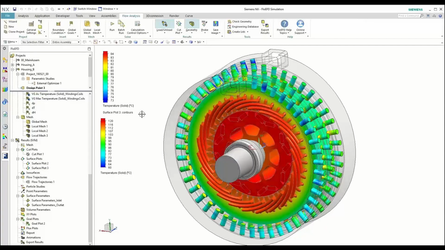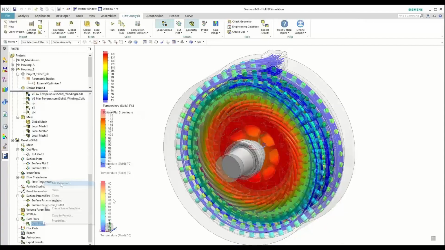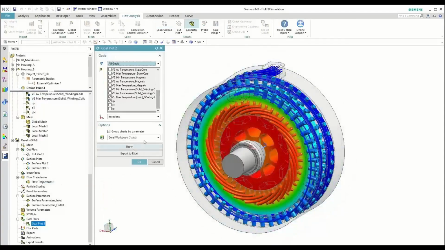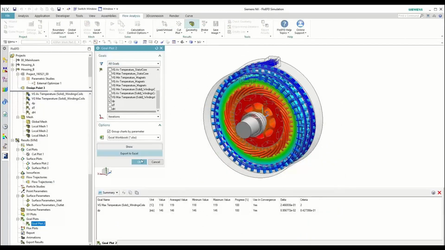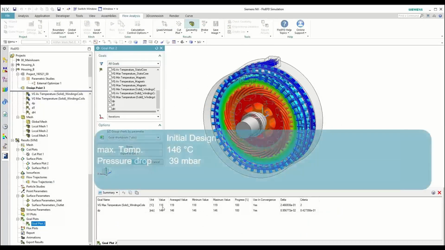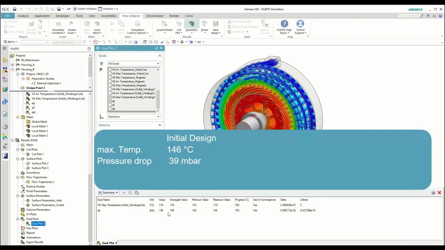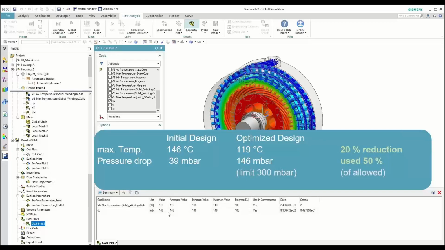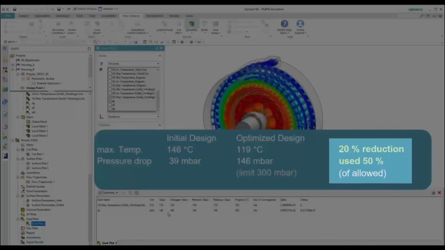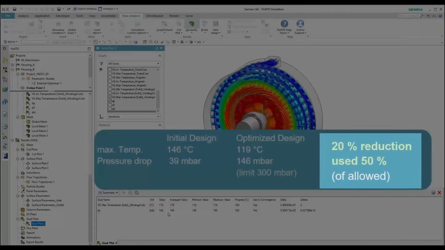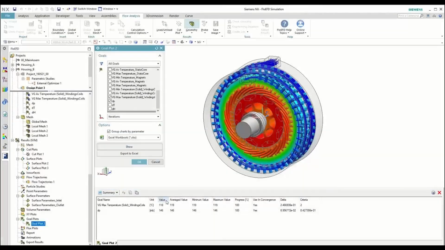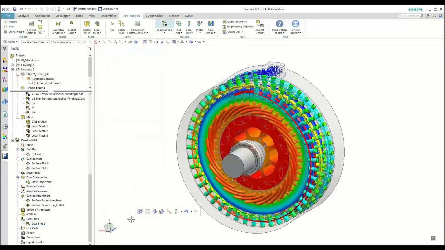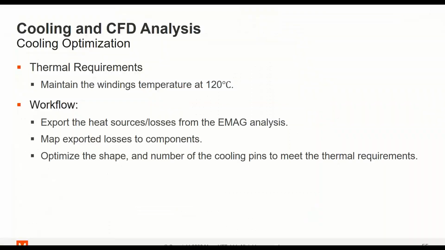Doing the analysis and simulating the results, we can see now the temperature falls from 146 in the initial design to 119 degrees Celsius, which is well below the rated temperature, and this is the final cooling system.